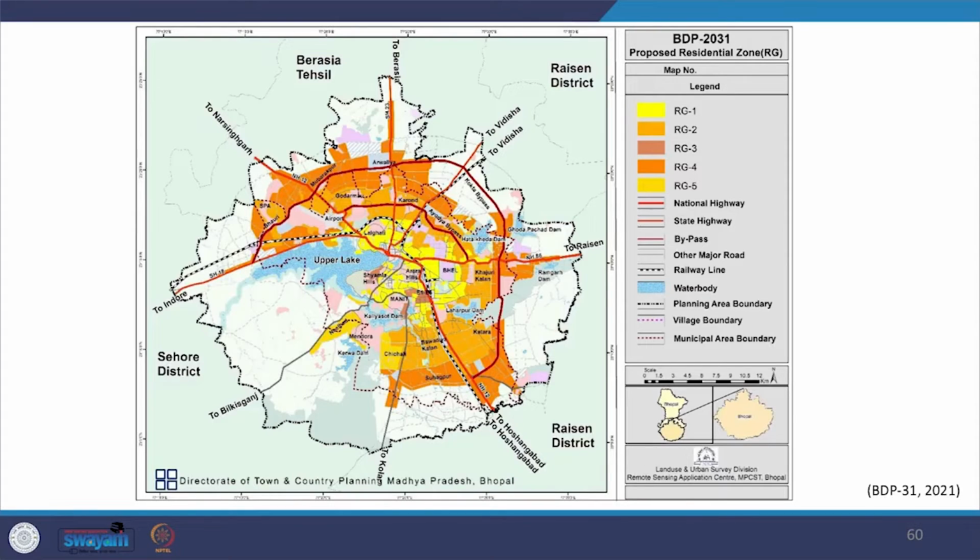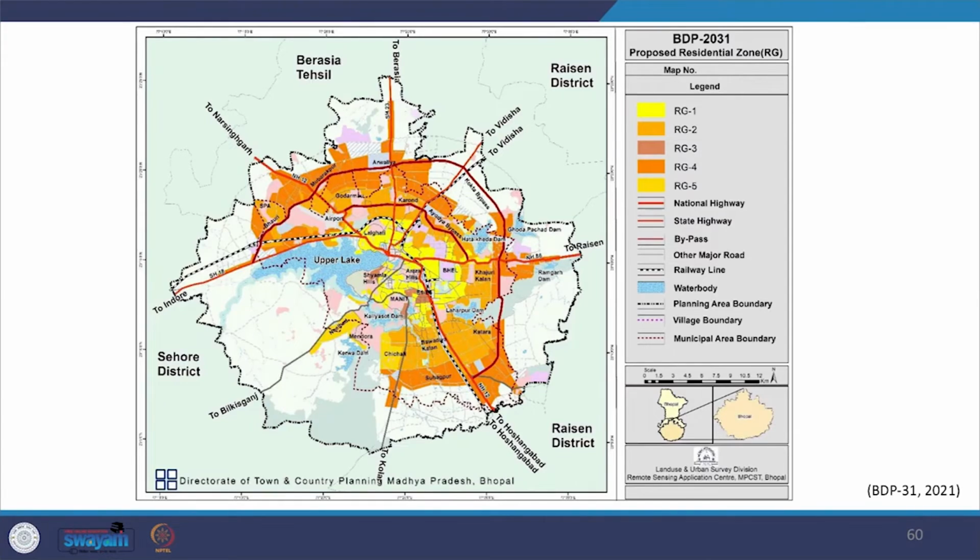Residential zone 3, RG3, the area shown in brown color forming the third circle from the lake. This area includes the existing low density use and the purpose of this zone is to retain the identity and character of the areas. Areas under this zone are Arera Colony, Chunahati, Shamla Hills, Vijayanagar and so on.